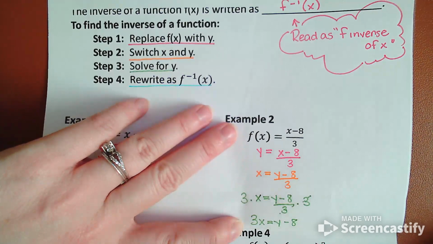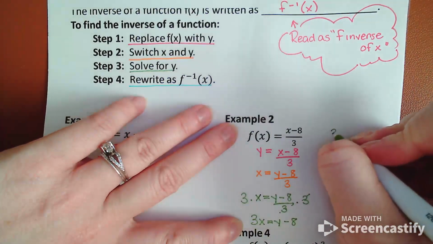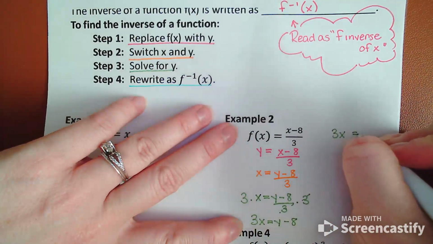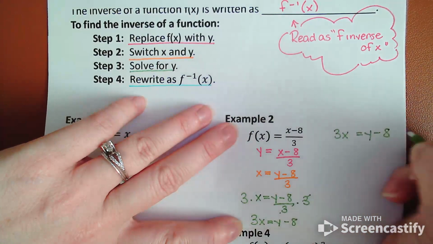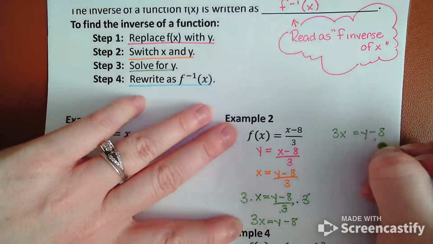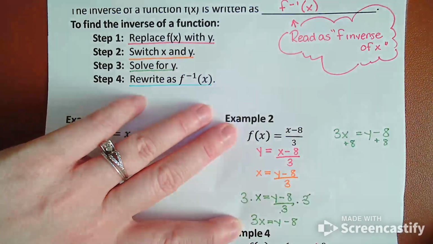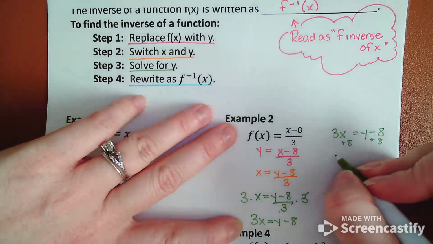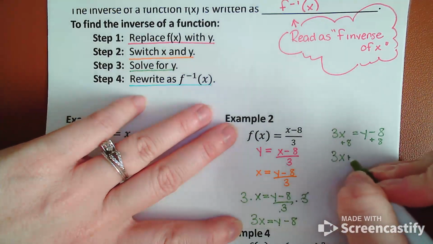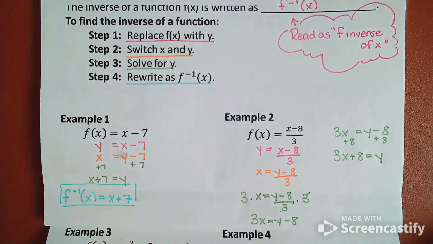Okay, so what should I go ahead and do to get the y by itself? I'm going to bring my work back up over here. What do we need to do? Right now it's y minus 8, so we will need to add 8. And whatever we do to one side, we do to the other side. So we'll have 3x plus 8 equals y. And our y is now isolated.